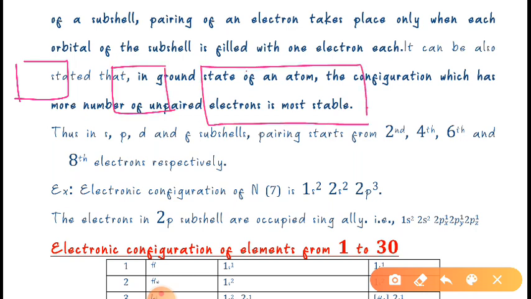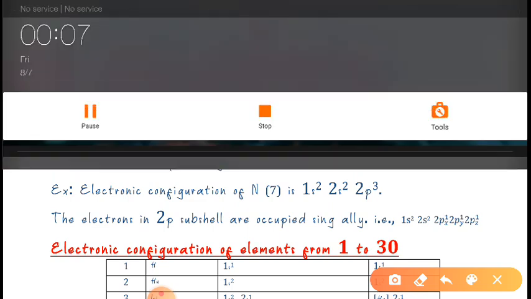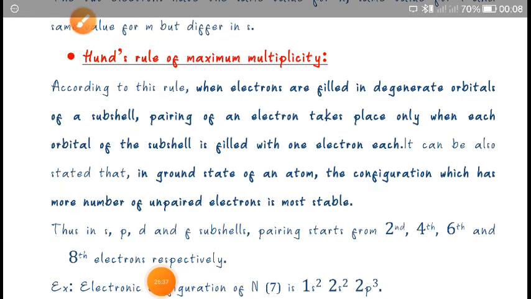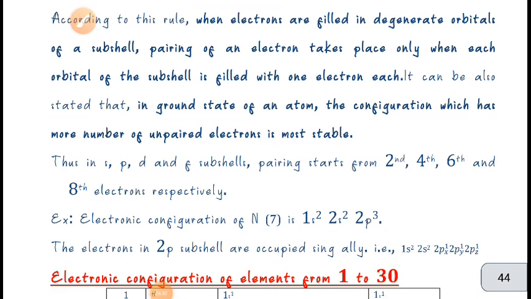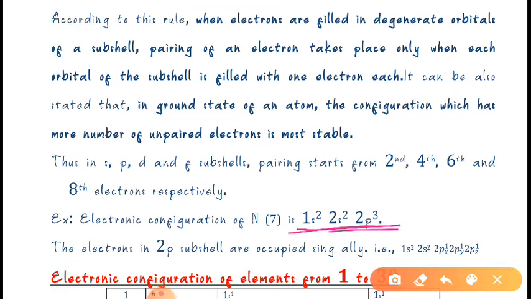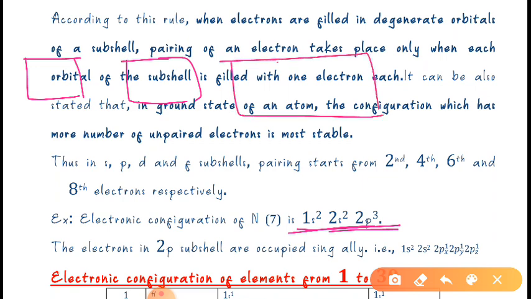So according to Hund's rule, when we fill electrons in a subshell, pairing of electrons will not occur. Suppose we have to fill this one, for Z equal to 7 for nitrogen.